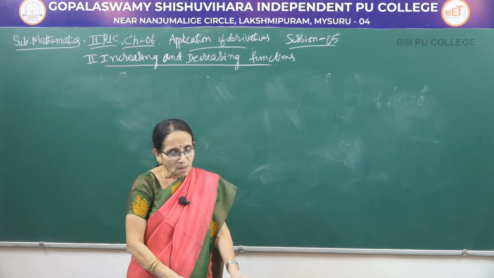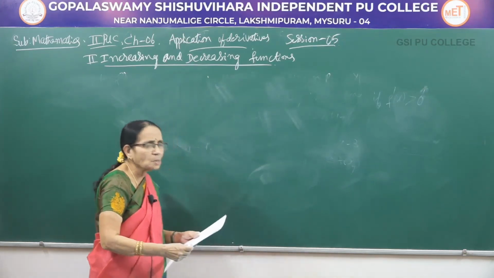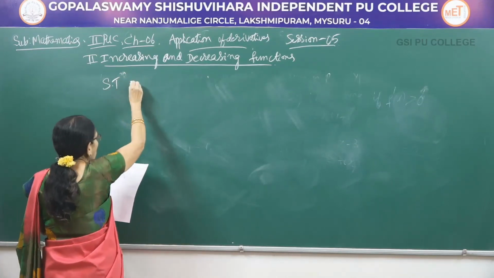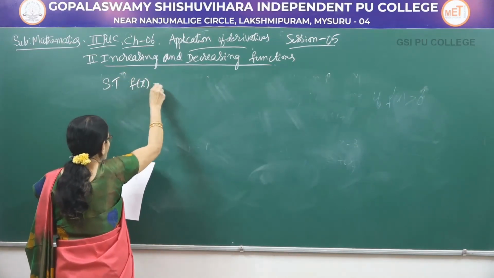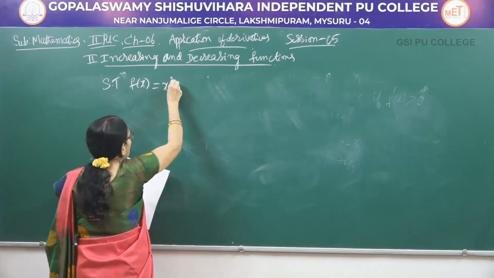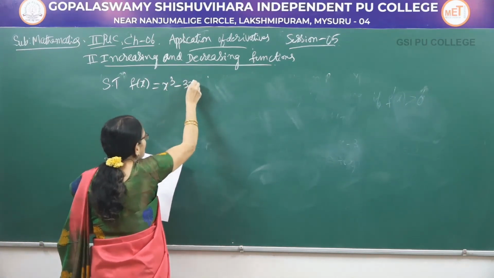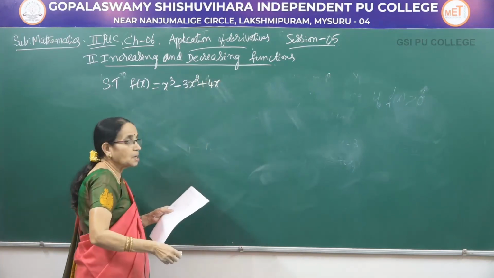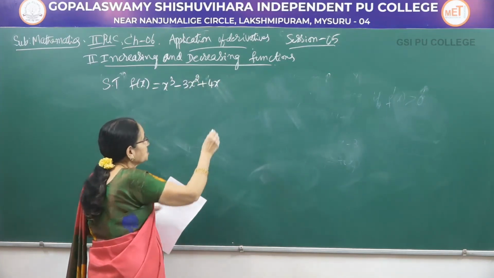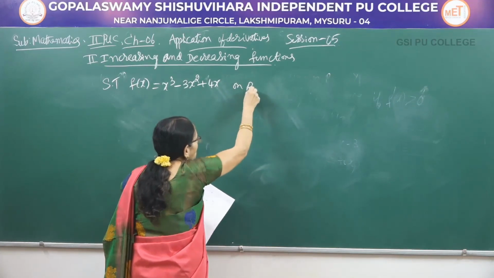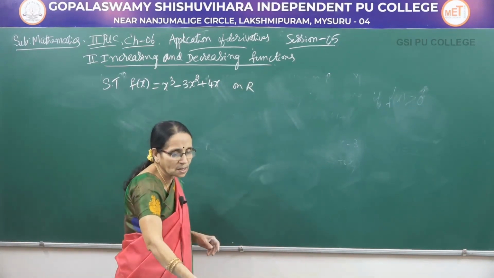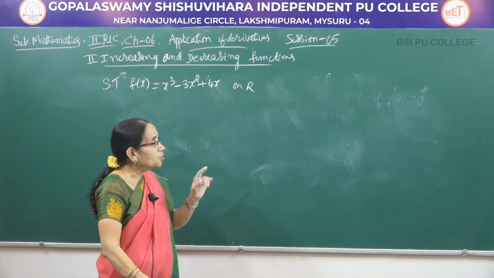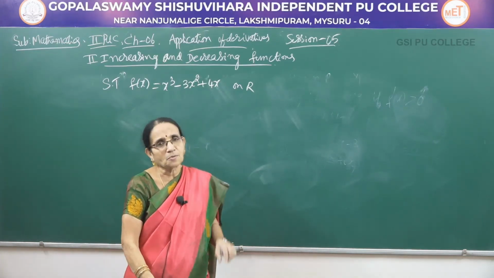Now, another, a little bit different problem here. Show that the function f of x equal to x cube minus 3x square plus 4x is strictly increasing on R. Now here I use the statement of the theorem.